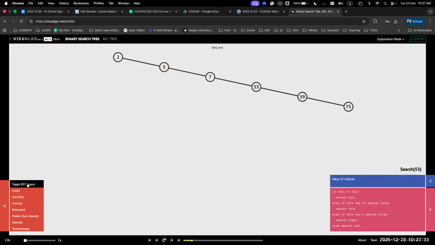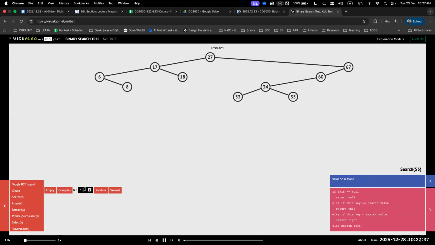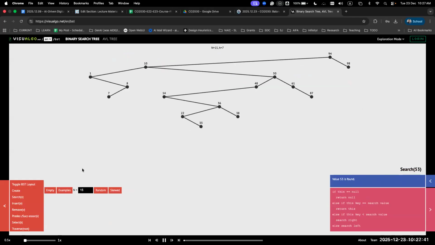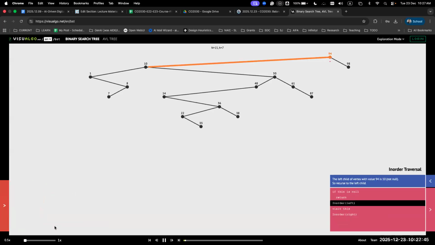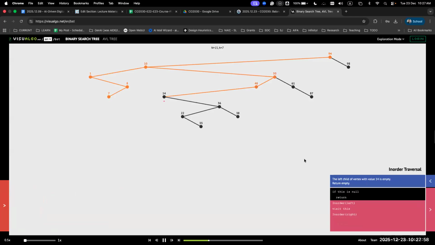Let's just take an example, create a random one, let's say 15 elements, a tree like that. And if you want to traverse this in order, you can see how the traversal works. It shows not only the simulation, but also how it goes through the pseudocode, right? So that's an in-order traversal.